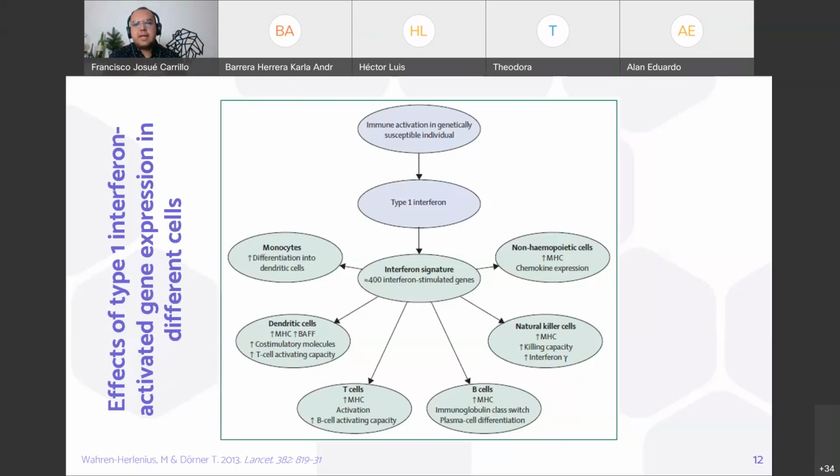One of the classic signatures of these patients is the exacerbated production of type 1 interferons. This overproduction will have an effect, especially on some of the other immune cells.